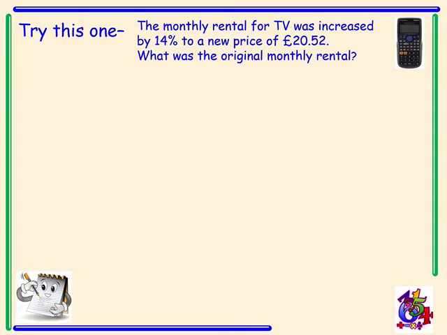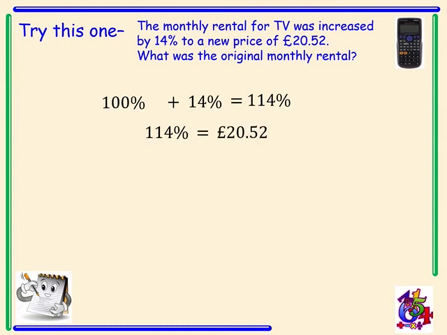Here we can see the monthly rental for a TV has increased by 14% and is now £20.52. We want to know what the original monthly rental price was. First of all, if it's an increase of 14%, that is 114%. So 114% is your £20.52.